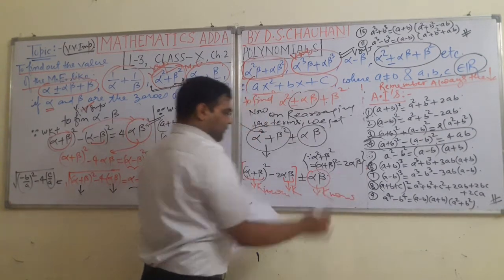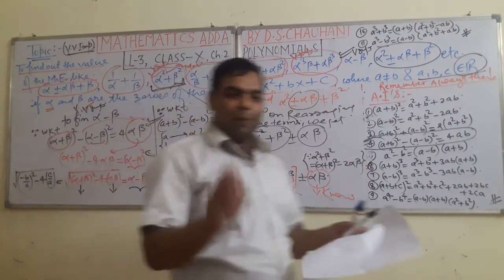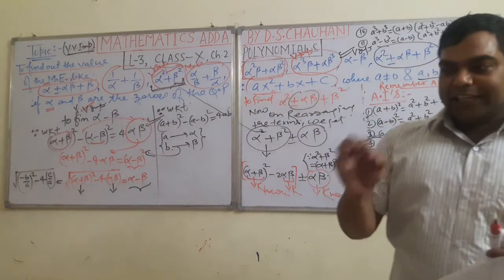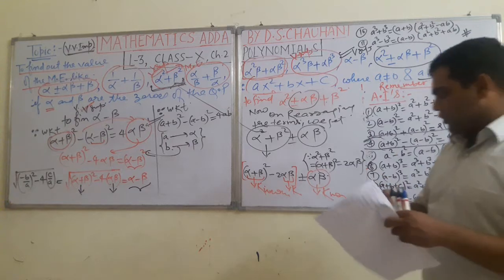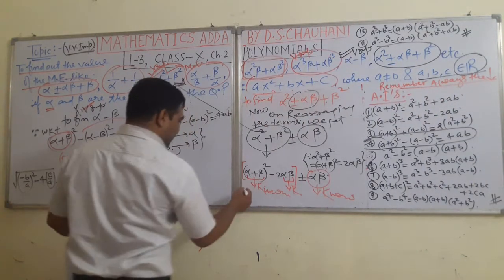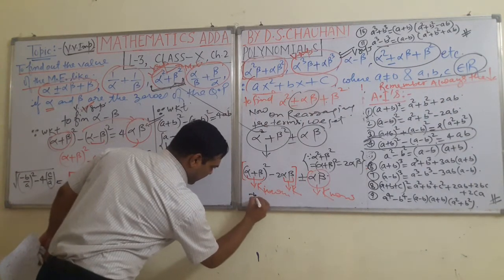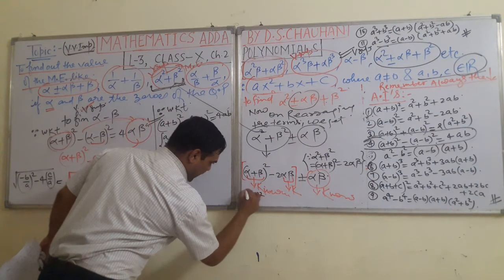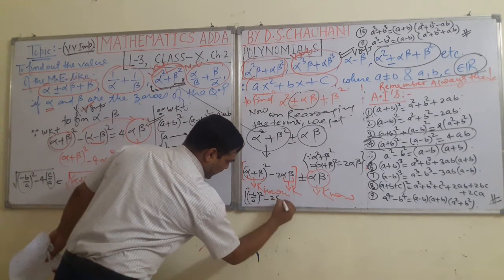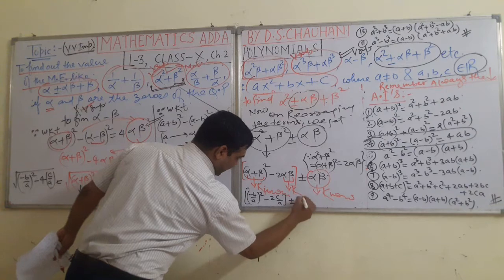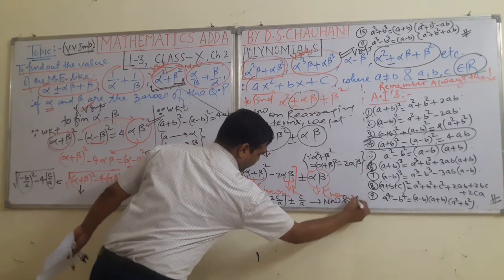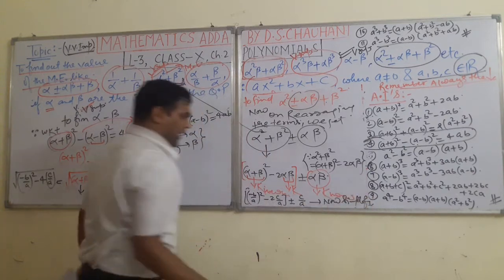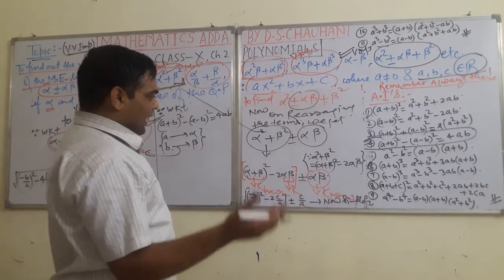Now put the values of alpha plus beta and alpha beta. What are these? They are minus b upon a and c upon a respectively. So what will you get here? This is minus b upon a to the whole square minus 2c upon a plus minus c upon a. Now simplify, and get the suitable answer.